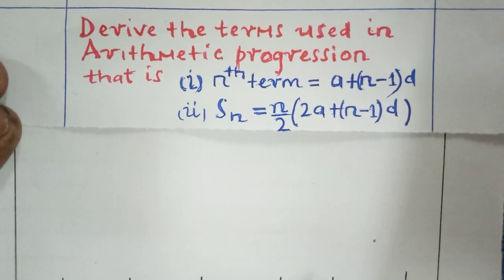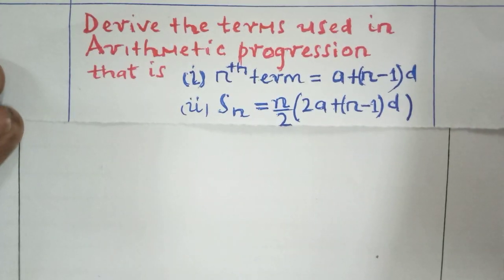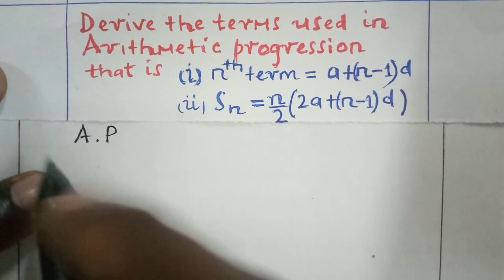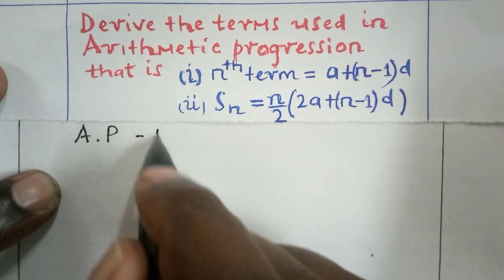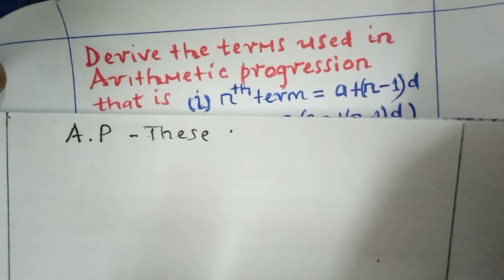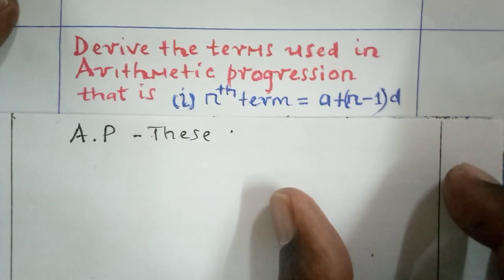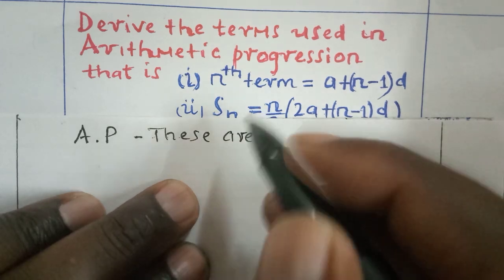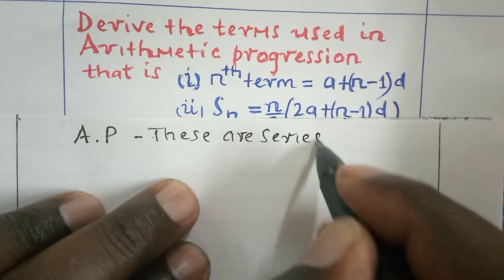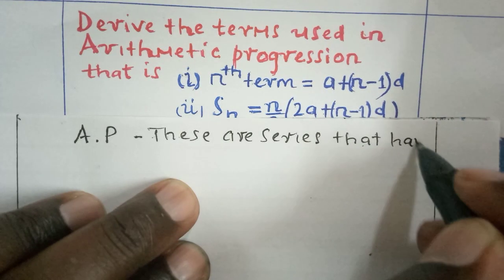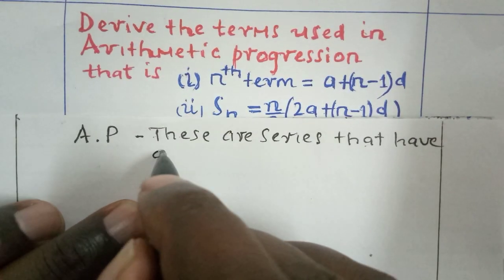So the first thing, guys, is that we define what is AP. The AP, that is arithmetic progression, is a series that has a constant difference.